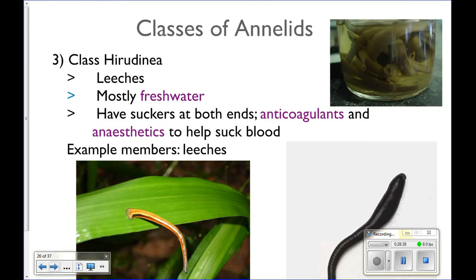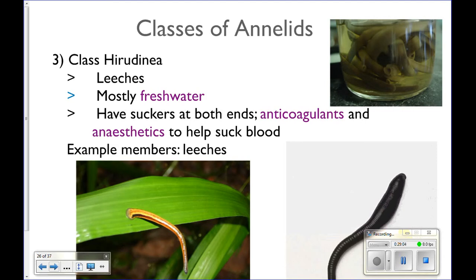Okay, Hirudinea. These are leeches. Leeches are mostly freshwater, but we actually do have a saltwater marine leech. They are annelid worms that have suckers at both ends of their body. One of those suckers will contain their mouth. In their mouth they've got 3 teeth that they will use to bite on to you, or to their prey.